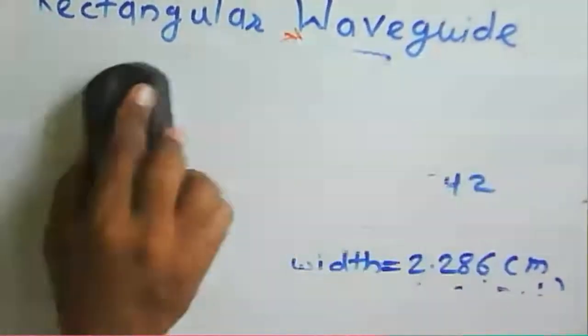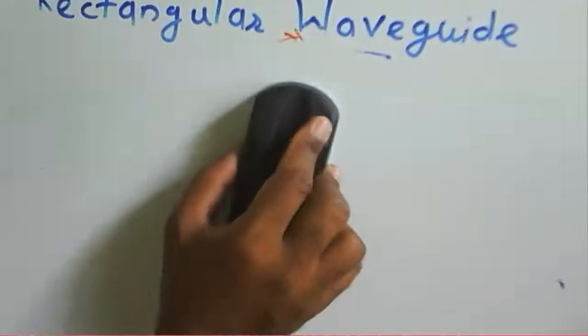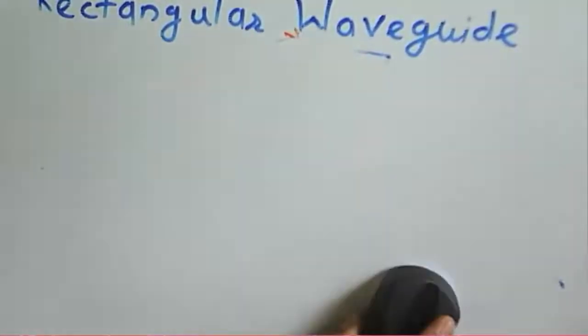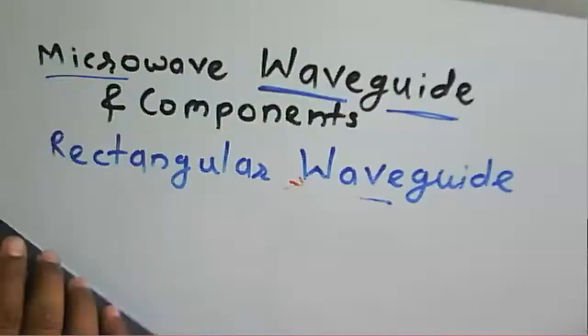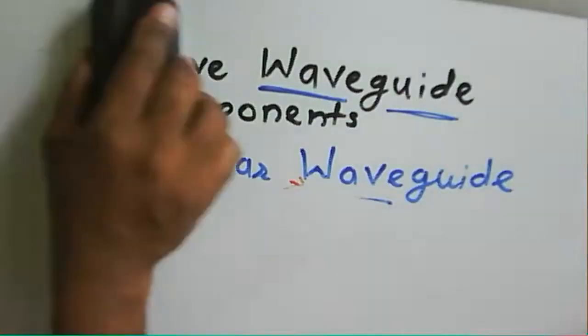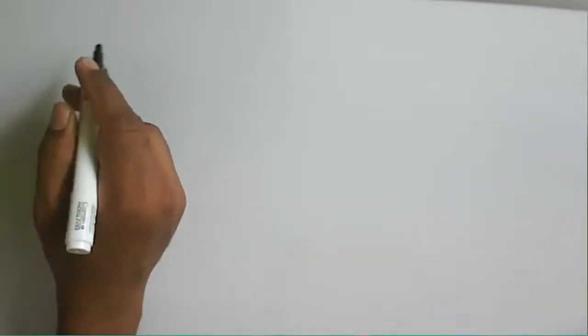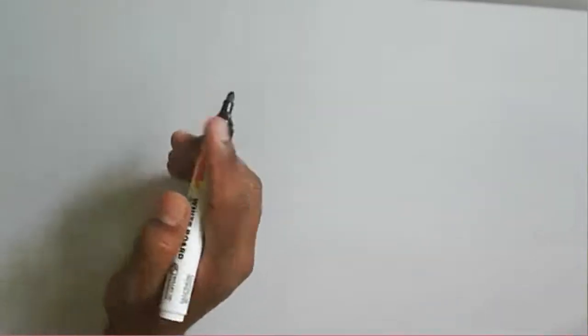So all the time we should know the dimensions of the waveguide. Based on these dimensions, we can find out the modes of propagation and the other parameters of the waveguide.